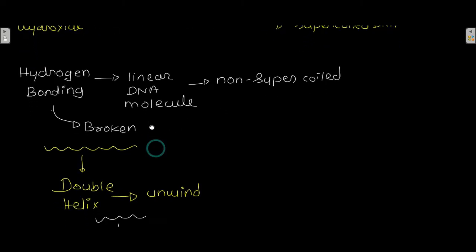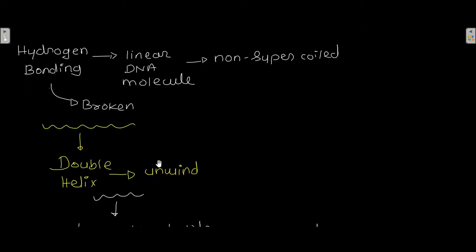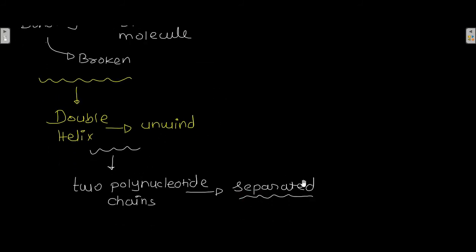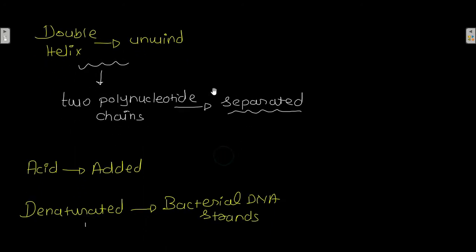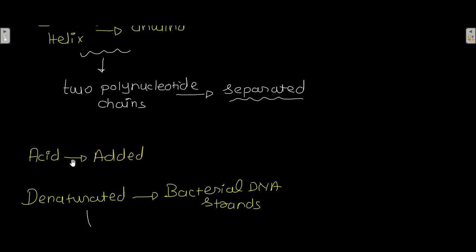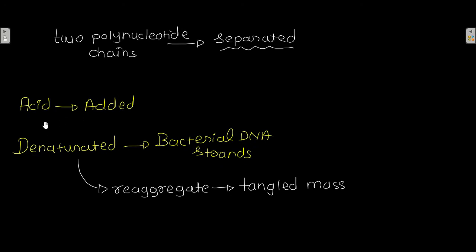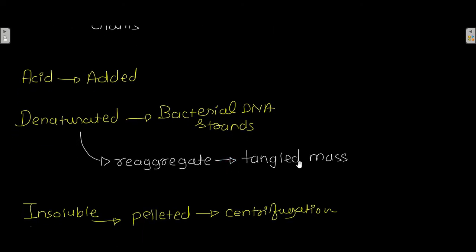Because of this, the double helix unwinds and the two polynucleotide chains, that is the two strands of the bacterial DNA, get separated. After that, you add acid to the solution. The addition of acid causes reaggregation of the denatured bacterial DNA strands, and there is formation of a tangled mass.